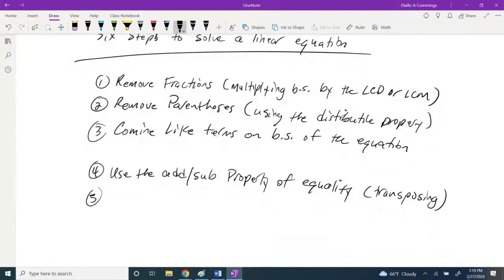The fifth step is to use the multiplication/division property of equality. So again, whatever you multiply and divide by one side, you multiply and divide the other side by that same quantity to maintain equality.